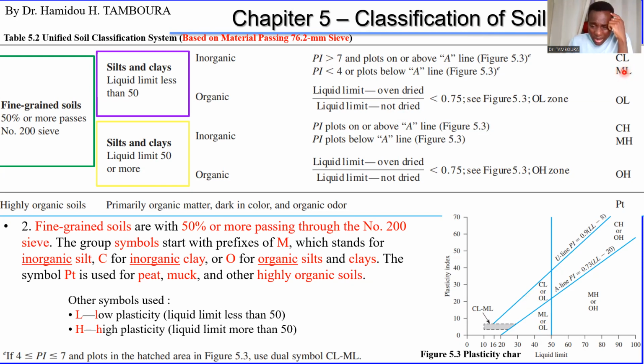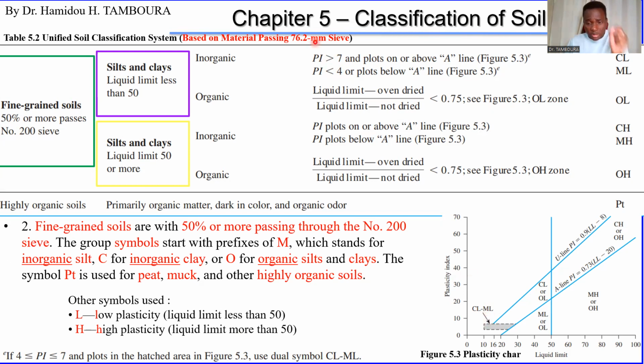Another situation that may happen is when you fall in this area. It means in this area the plasticity index is between 4 and 7. As you can see here, it is strictly higher than 7, strictly lower than 4. So once it is 4, just 4, you have to use this double symbol.